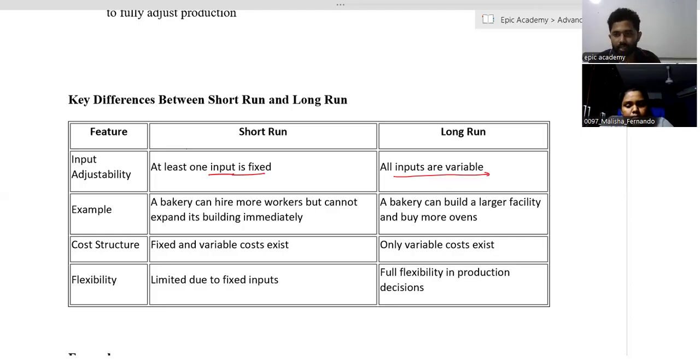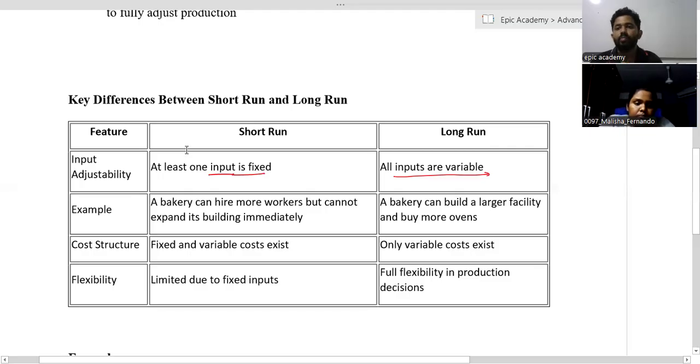Let's move to the next one, the cost structure. Fixed and variable costs exist. If you discuss the inputs, variable input provides variable cost, and fixed input provides fixed cost. So in the short run, fixed and variable costs will both be there.